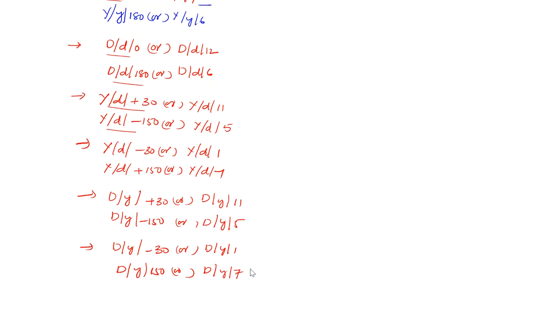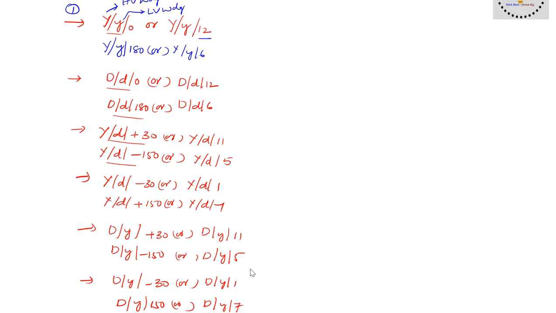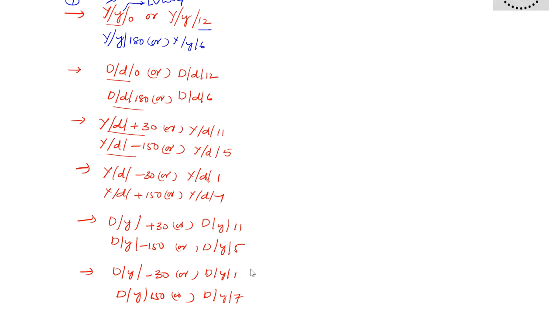Now what is the importance of this, sir? For example, let me take the Dy11 connection. What is the meaning of this? It means that the LV side of the winding, which is star connected, leads the HV side by 30 degrees. The low voltage side of the winding leads the HV side of the winding by plus 30 degrees.